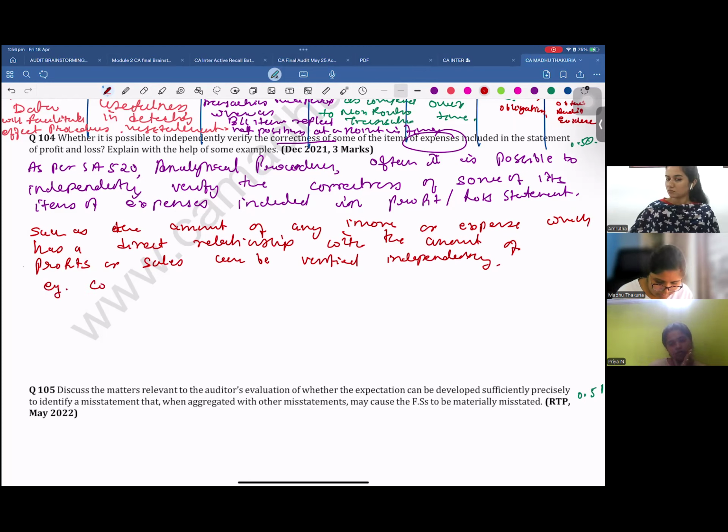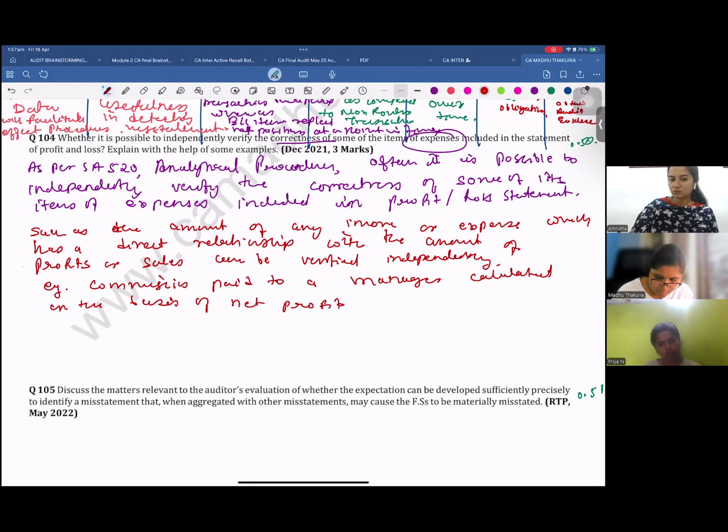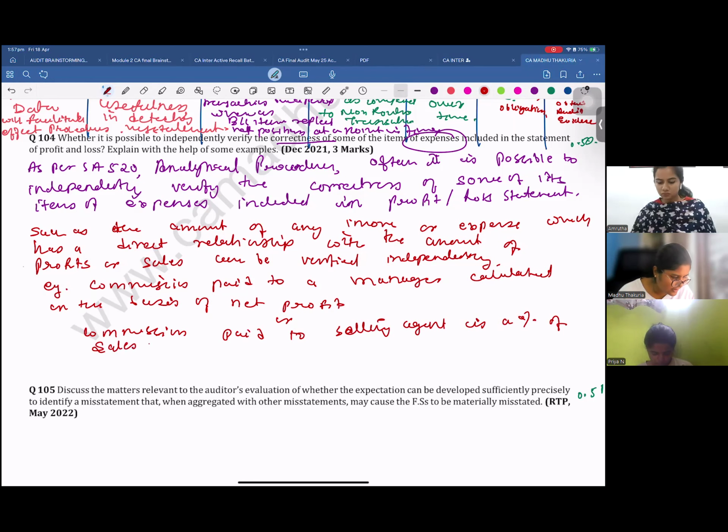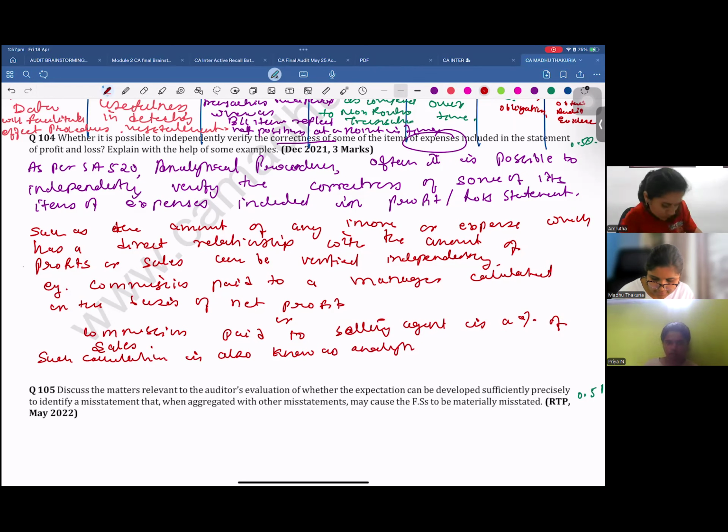Example: commission paid to a manager calculated on the basis of net profit, or commission paid to a selling agent as a percentage of sales. Such calculation is also known as analytical review.